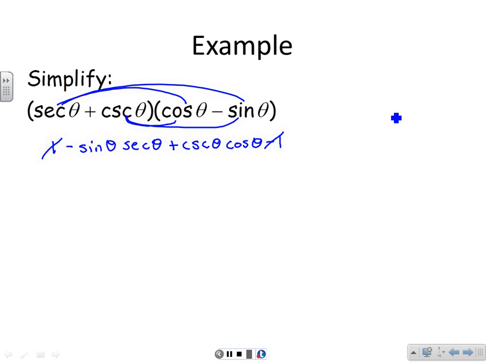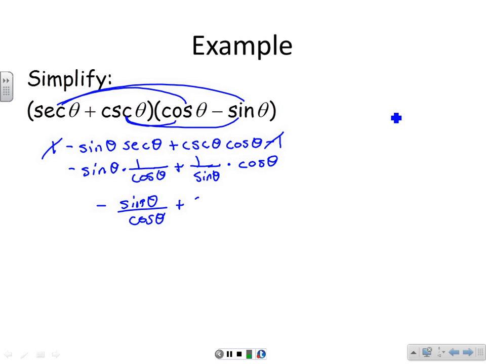So watch this. If I have negative sine theta and I turn secant into 1 over cosine theta, and that is multiplication, plus 1 over sine theta times cosine theta, what I'm going to get is negative sine theta over cosine theta plus cosine theta over sine theta.